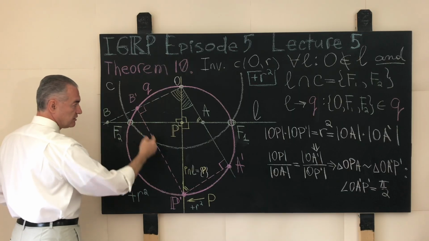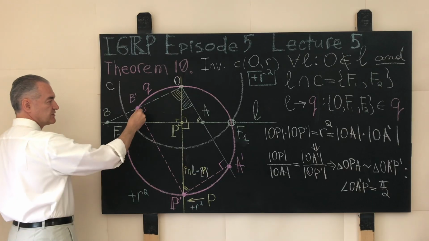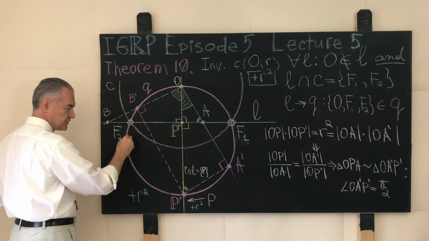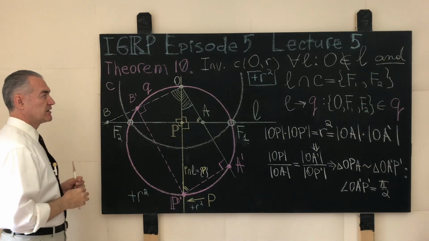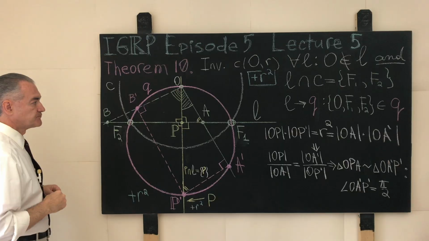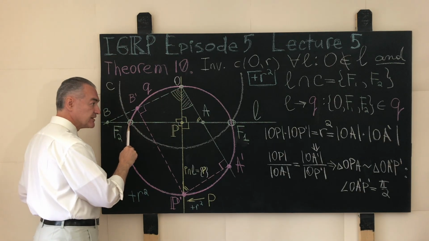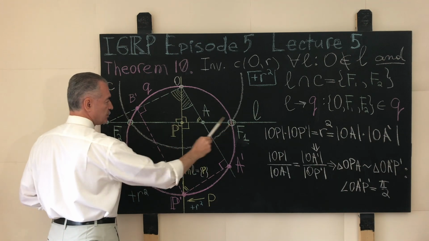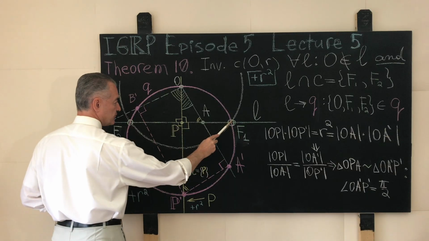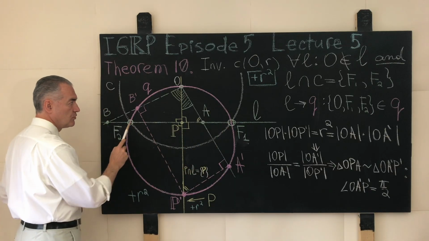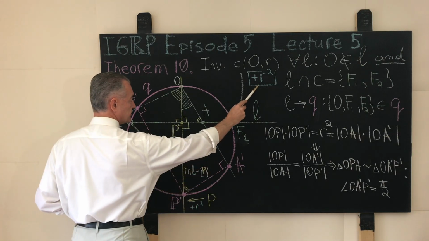It means that the remaining triangle OB prime P prime must be right, and that means that the orbit of the points B prime must and can only be a circle that passes through the center of inversion and the given distinct points that are in common between the circle of inversion C and the straight line L, F1 and F2. This completes the proof, again, when the power of inversion is positive.